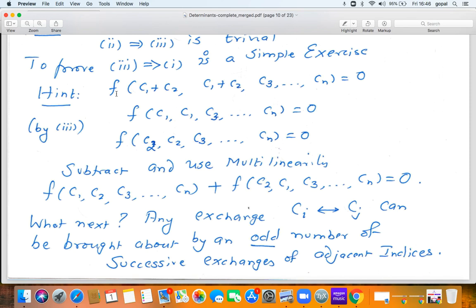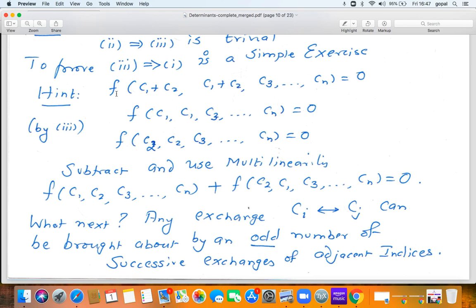I get 1, 3, 4, 2, 5. After that I swap 2 and 5. I get 1, 3, 4, 5, 2. So 2 has gone to the last position as I wanted. Now I want 5 to come to the second position, so I'll swap 4 and 5, etc. So do you agree with me that this swapping of 2 and 5 can be carried out through a sequence of adjacent swaps?